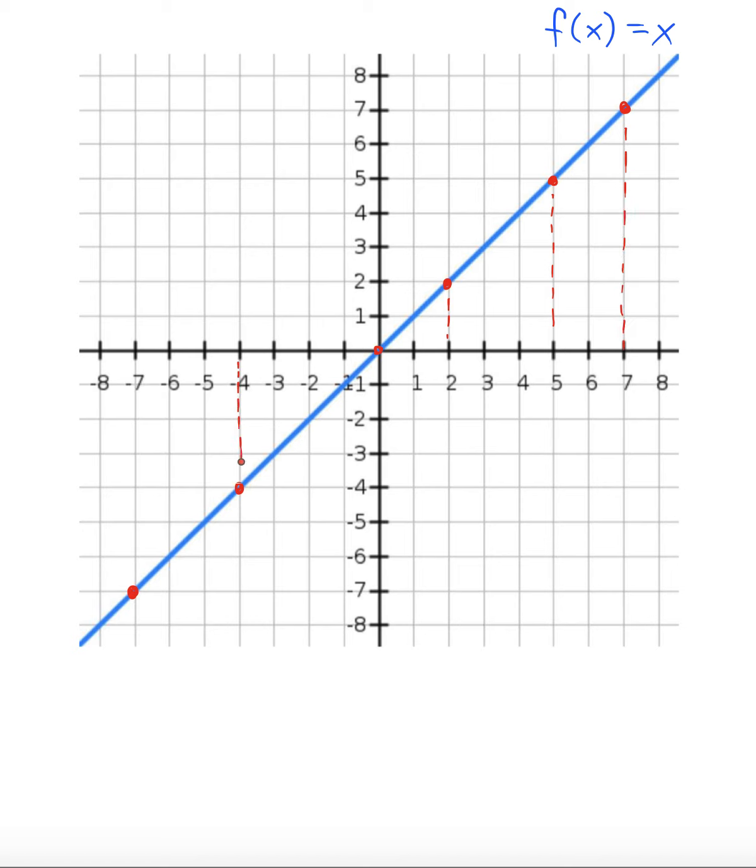And for these ones that are negative, we'll trace them up until we've intersected those points with the x-axis. Now if we make a dot on the x-axis, this dot represents the input for those outputs.